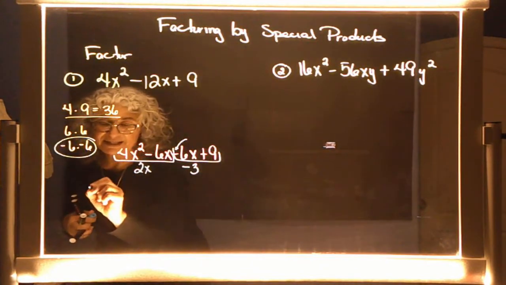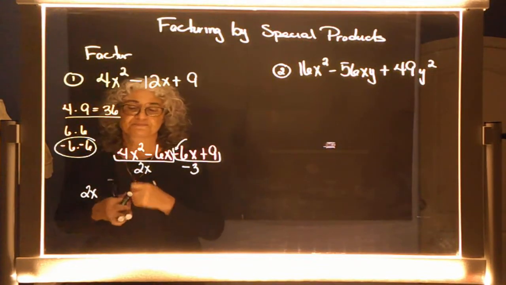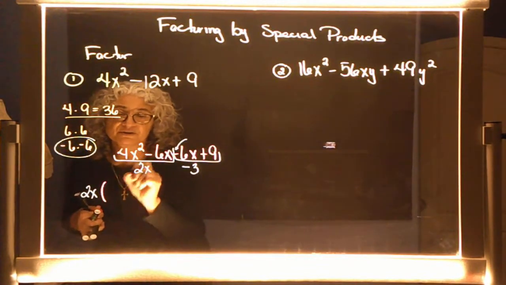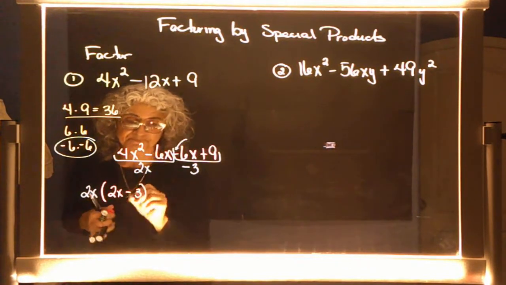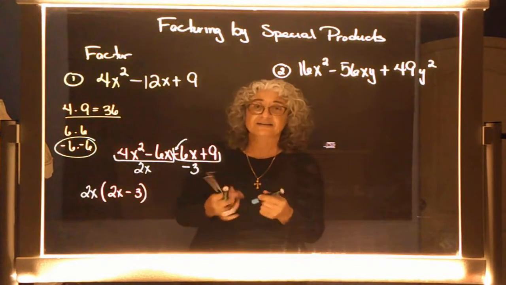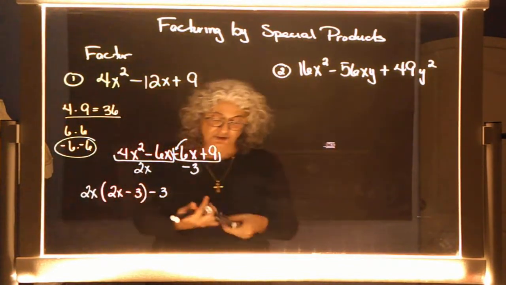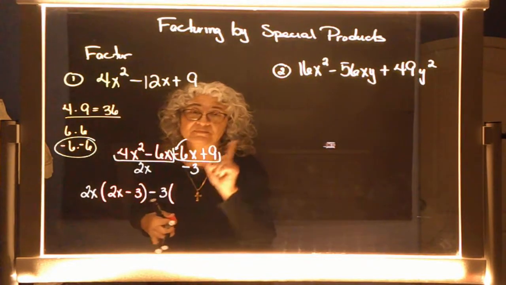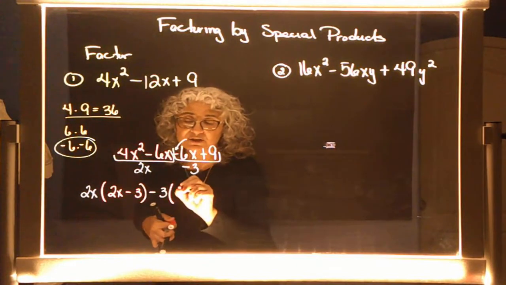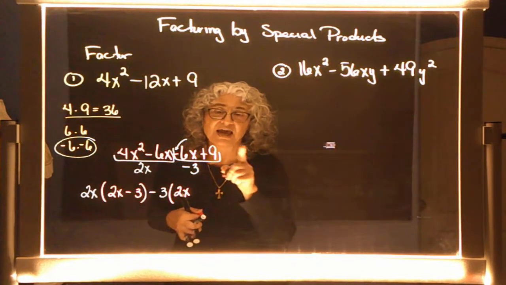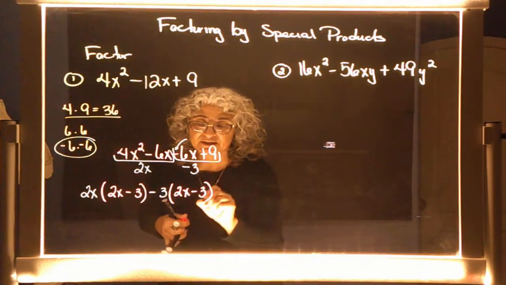So, take out the 2x. What remains? Well, out of the first pair, you have a 2x minus 3. Wonderful. Out of the second pair, you took out this minus 3. What remains? Negative 6x divided by negative 3. Good. Positive 2x. And a positive 9 divided by a negative 3 is a negative 3.